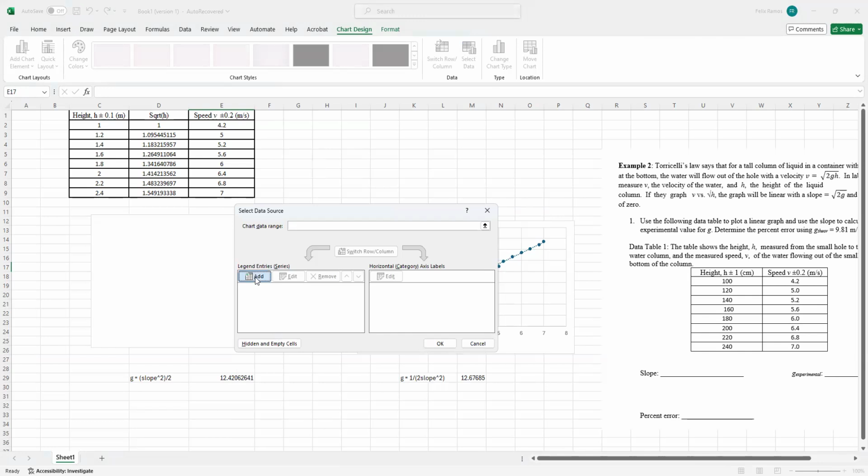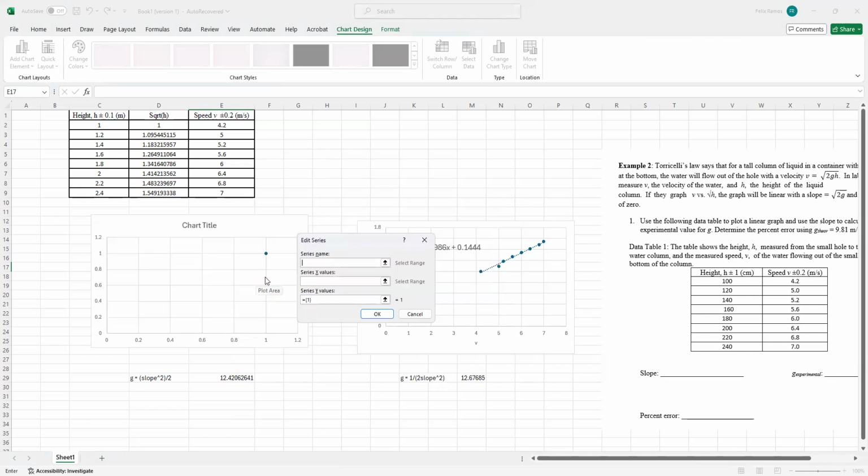I will click on that. Okay. I can just put the series name here. So we say this is graph of SQRT of H versus B.